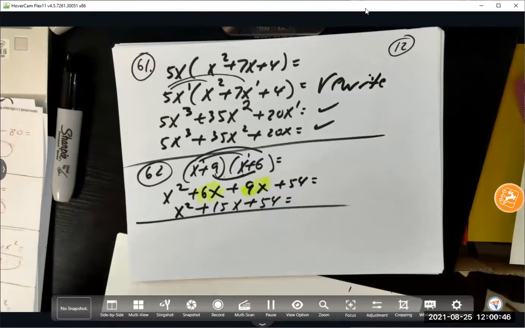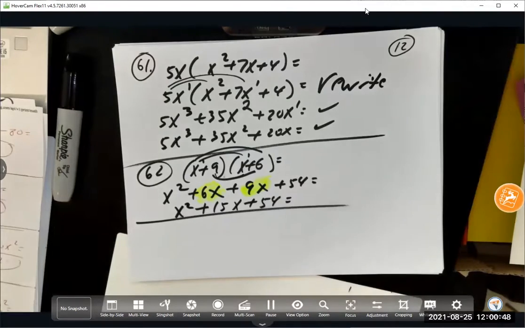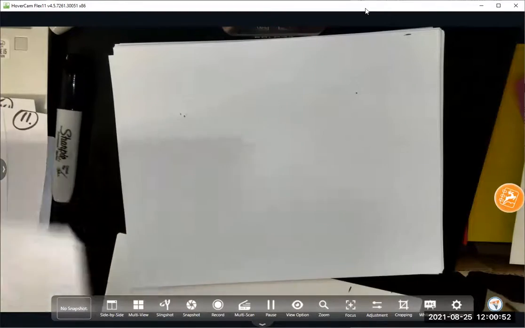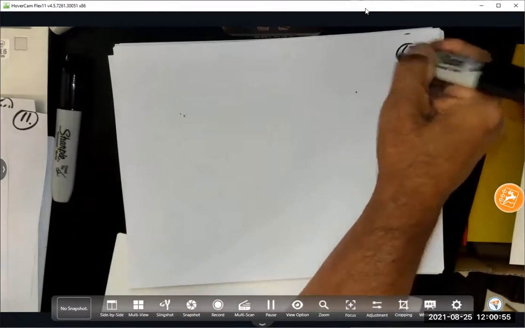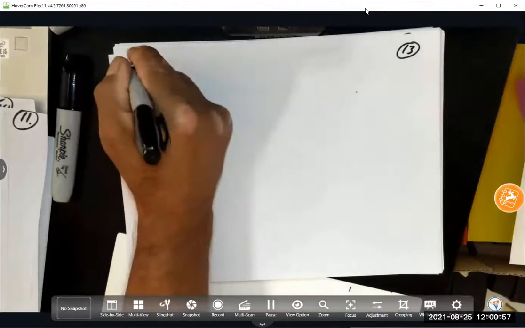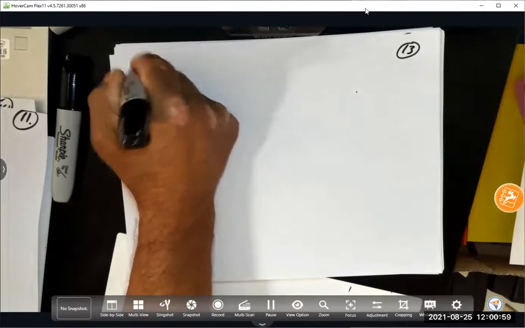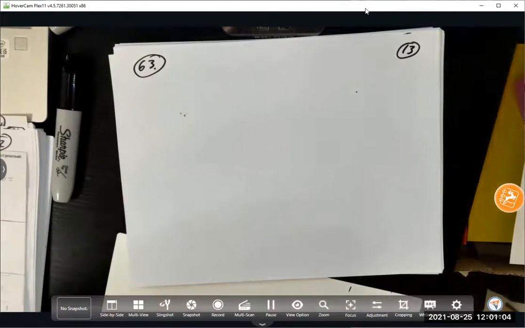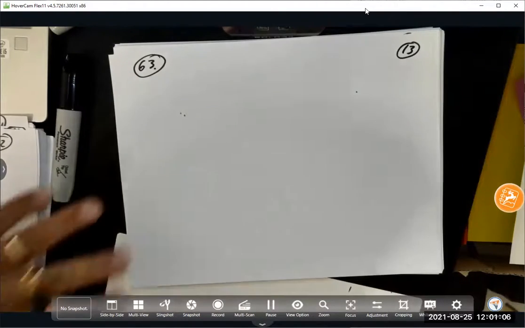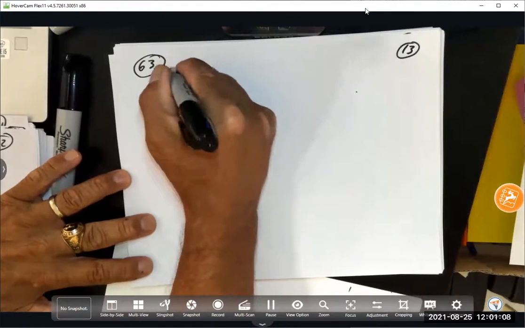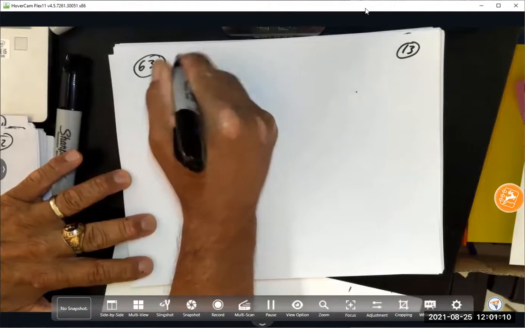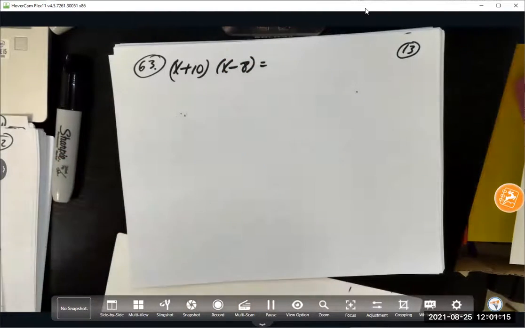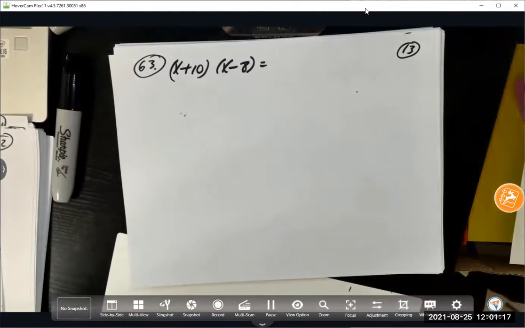Let's go to number 63. Let's do the next page. All right, 63, it says x plus 10 times x minus 8. x plus 10, x minus 8.